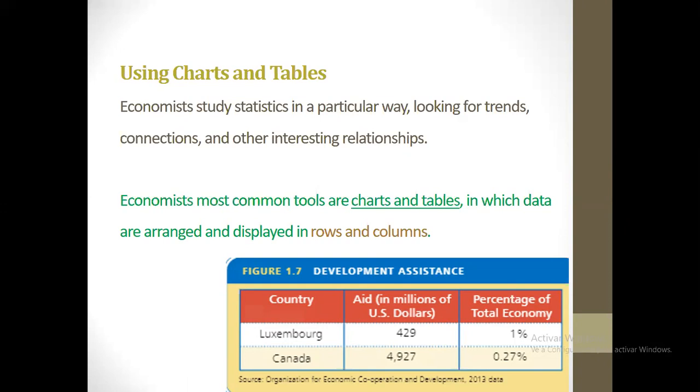Now, this chart talks about development assistance, asistencia para el desarrollo. Over here, they only show 2 countries, Luxembourg and Canada. The second column shows aid in millions of US dollars, la ayuda. And the third one talks about percentage of total economy. Okay, now, at first glance, you could say that Canada is the one contributing the most in this chart.